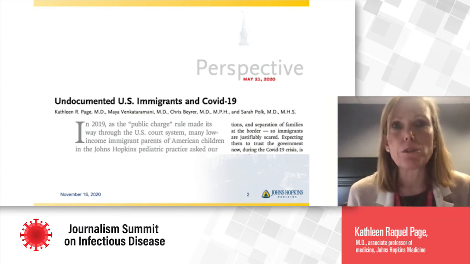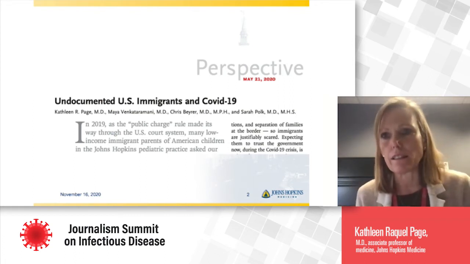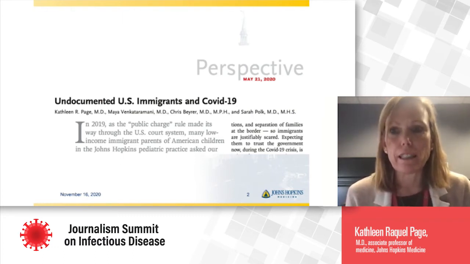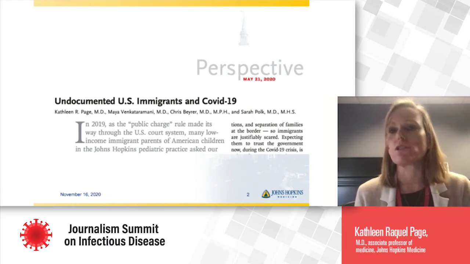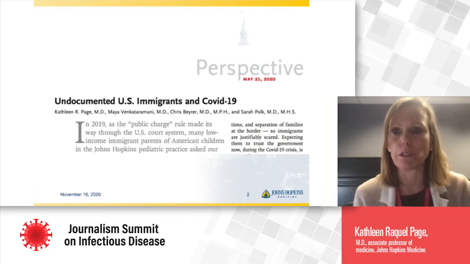The second issue that we were worried about is that as there were shortages of testing in the U.S., the CDC and others recommended that people who had symptoms of COVID-19 should stay home and call their doctor. Really, this recommendation was to avoid a surge of people showing up in the emergency department, which would not have the capacity to address this.